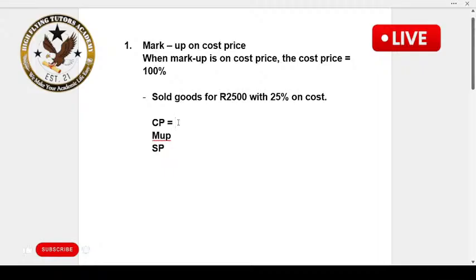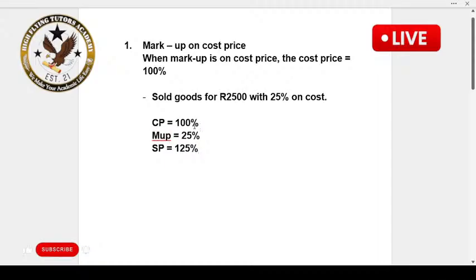So number one, you need to determine the cost price in percentage, which is 100%. Then the markup is given, which is 25%, and then the selling price has to be 125%.